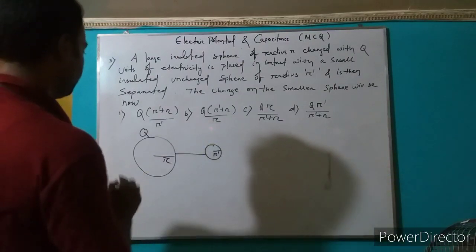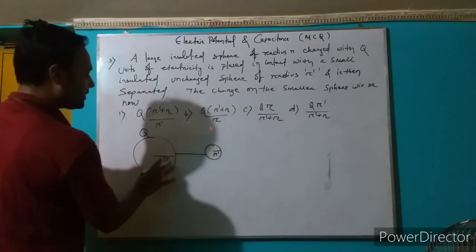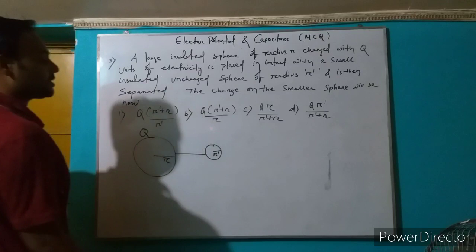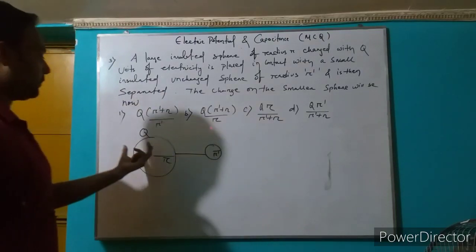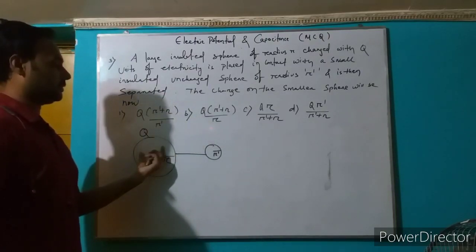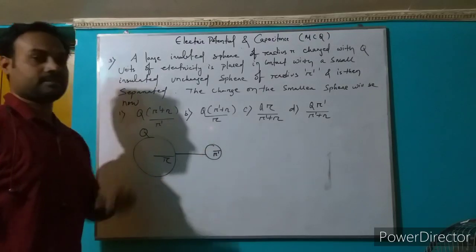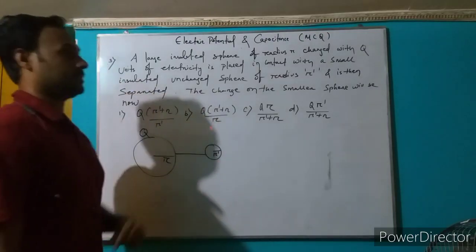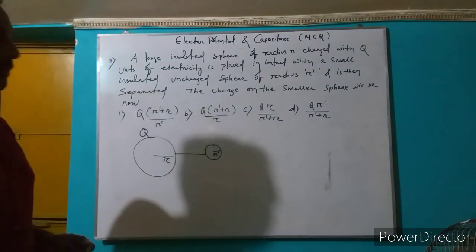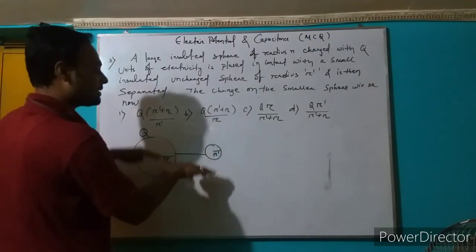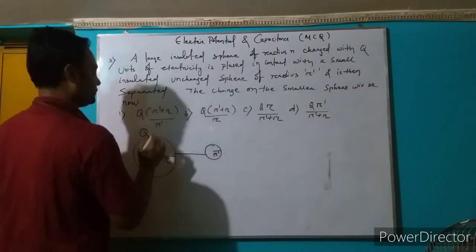Okay, so here whenever the charged sphere is in contact with the uncharged sphere, the bigger sphere delivers charge toward the uncharged sphere so that they balance their potential between them.